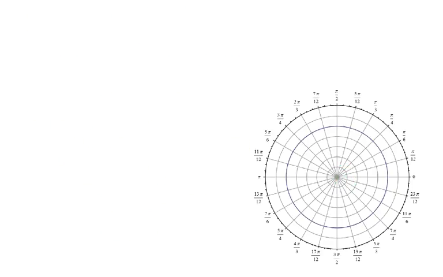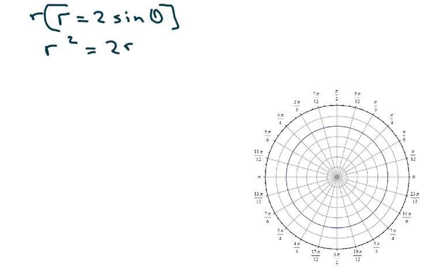The next one we have is very similar, but it is with the y. So we have r equals 2 sine of theta. We're going to multiply everything through by r. R squared equals 2r sine of theta.